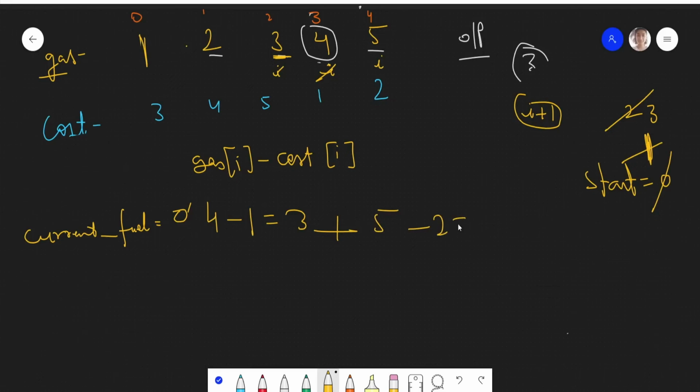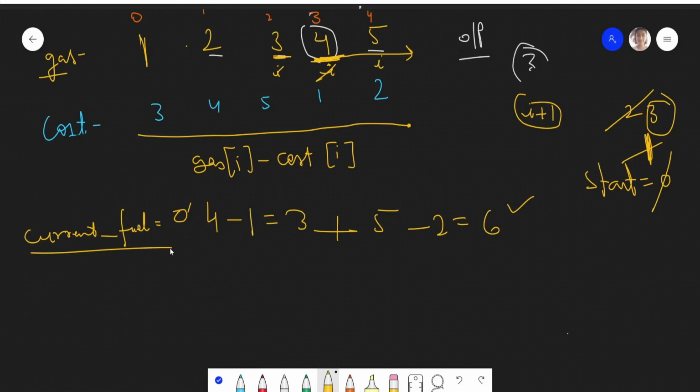Minus 2. So this will be 6, which is also positive. So if you see, we have traversed the entire array, and our start was 3. So it's possible to start from this station 3. If we start from this station 3, we can go around, and our current fuel will not be negative. So it is possible from this.